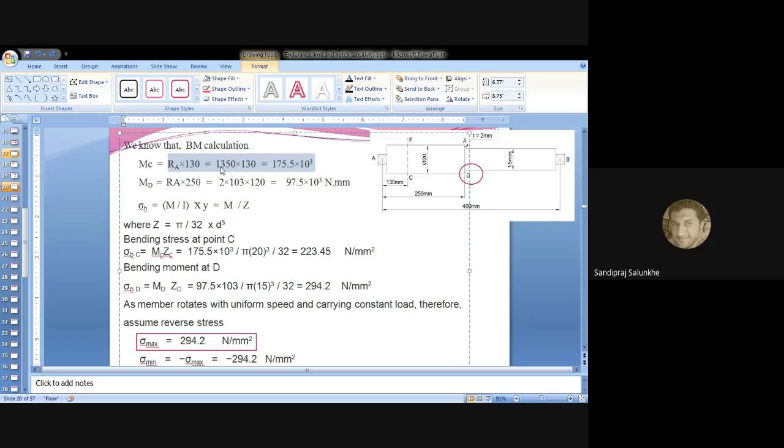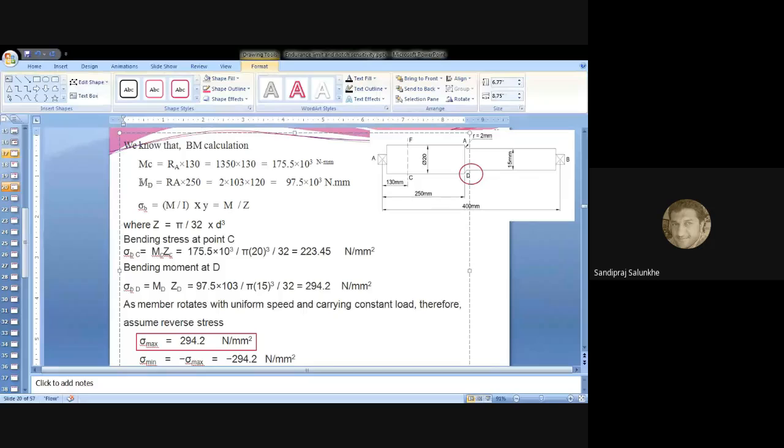So it is 1350, that is RA, multiplied by 130, the distance, and this value will be in Newton millimeter. The value we get is 175.5 into 10 raised to 3 Newton meter. That is the bending moment at point C.